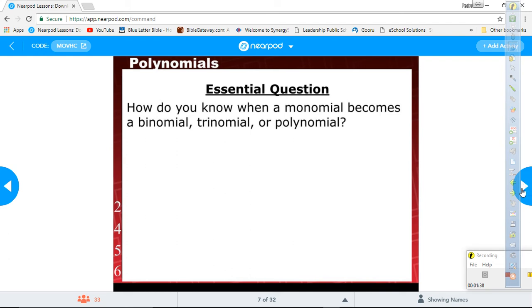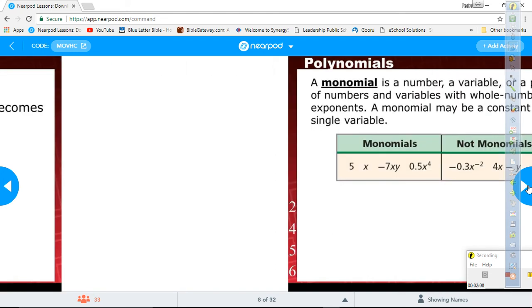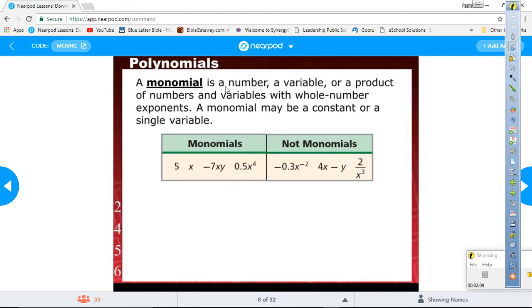Okay? So here goes. Monomial. Don't write this down. Just pay attention. It says, a monomial is a number, a variable, or a product of numbers and variables with whole number exponents. I slowed down on the reading just so that you understand what they're talking about. Here it goes again.